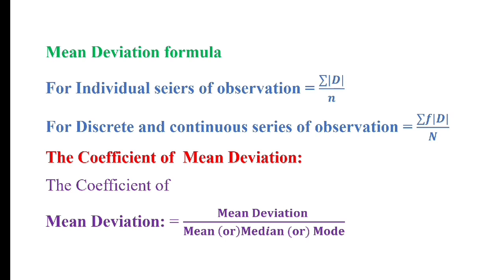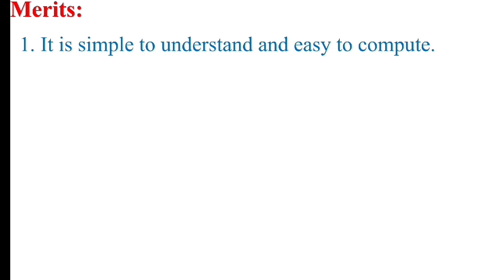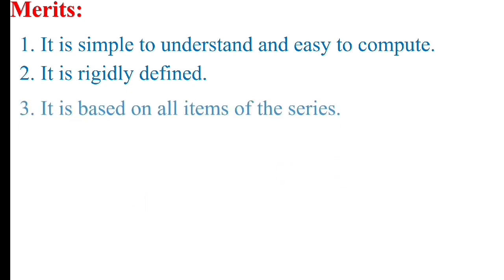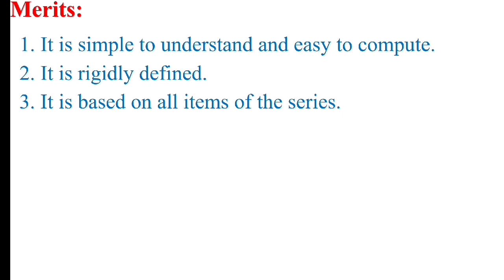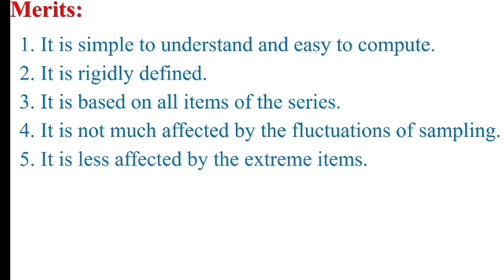Now we are going to see the next part, the merits and demerits. First, merits. It is simple to understand and easy to compute. It is rigidly defined. It is based on all items of the series. It is not much affected by the fluctuation of sampling. It is less affected by the extreme items. In range and quartile deviation, we have seen that range will be affected by extreme values, and quartile deviation is based on positional values.